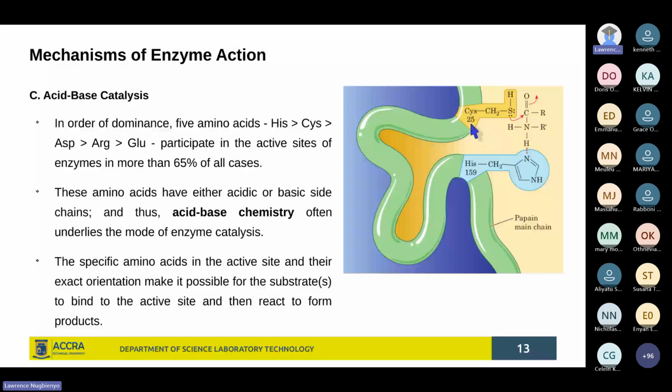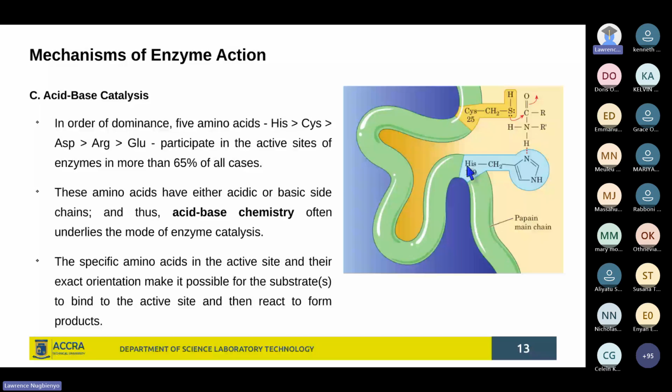That way, when you are reading biochemistry books and you see things like this, Cys 25 is written, it's only showing that this cysteine residue is at the 25th position in that primary structure, in the sequence of amino acids. The same way, histidine is at the 159th position. But even though they are at the 25th and 159th positions, far apart, you see that the protein folds in such a way that cysteine and histidine have come close to each other, forming the active center there.